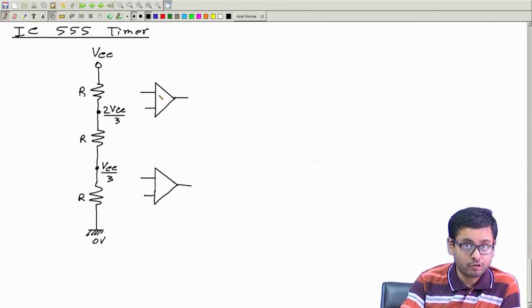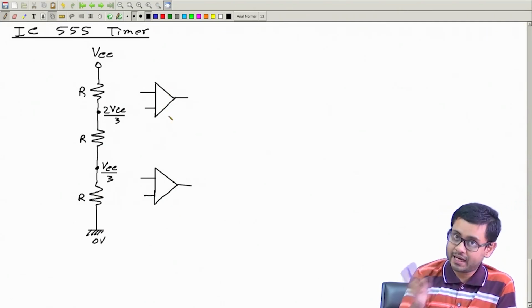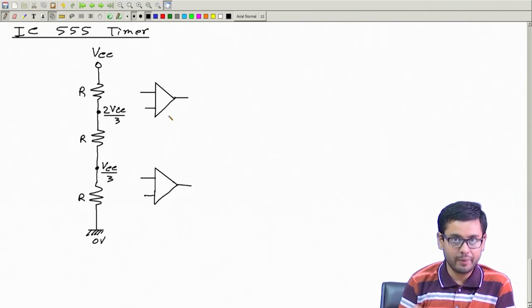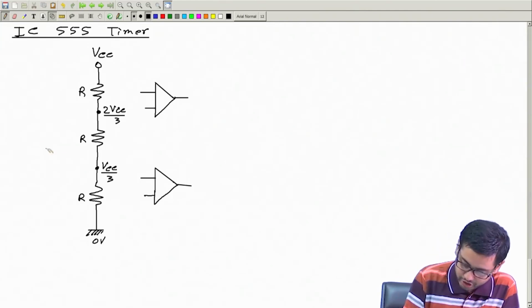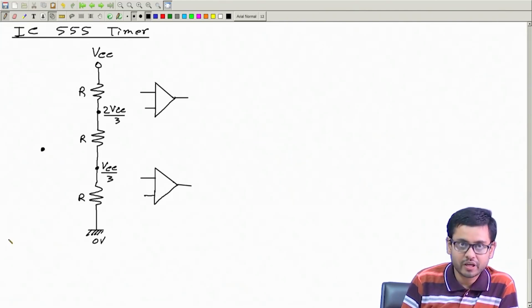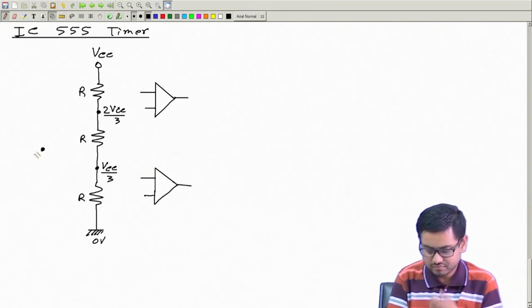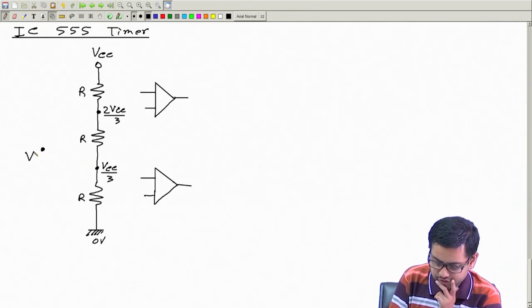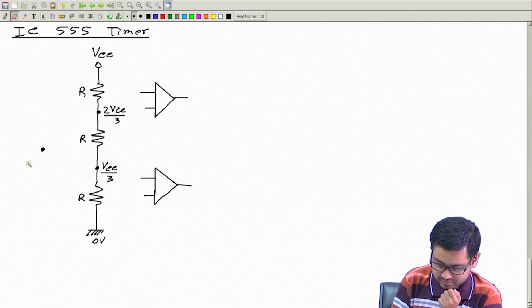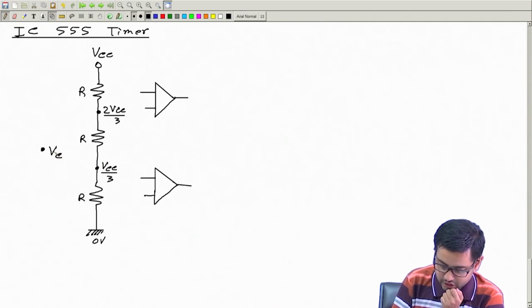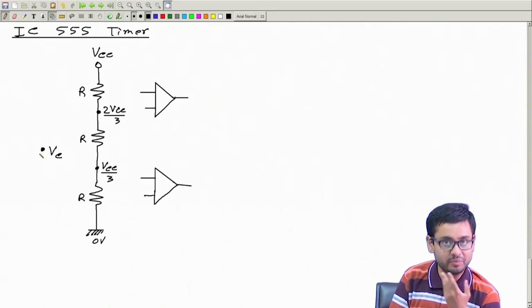The task of these two comparators is to compare another voltage which I haven't drawn, or let me just draw it. So, another voltage, call it VC. There will be another voltage coming from somewhere.